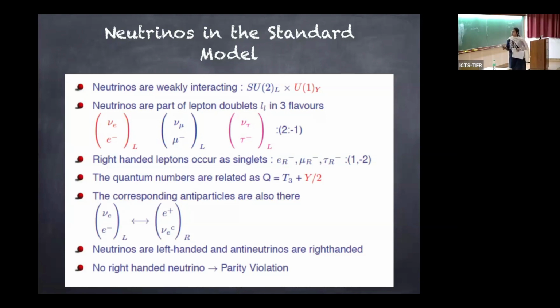In the standard model, we have left-handed neutrinos and right-handed antineutrinos. We don't have any right-handed neutrino, like we have the right-handed charged lepton. In the standard model, we don't have right-handed neutrinos, and that was incorporated because we have parity violation. So that was perfectly fine.